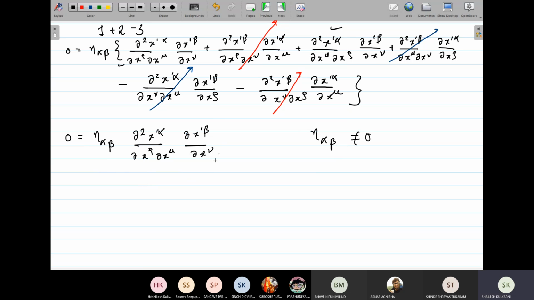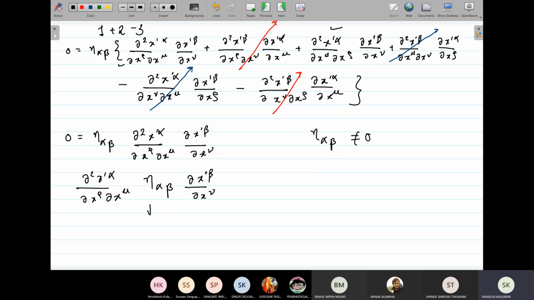This is some kind of matrix. Okay, what will be the order of that matrix? Alpha beta are summed over. Okay, so if I write this as del 2x prime alpha del x rho del x mu, then eta alpha beta del x prime beta del x nu.